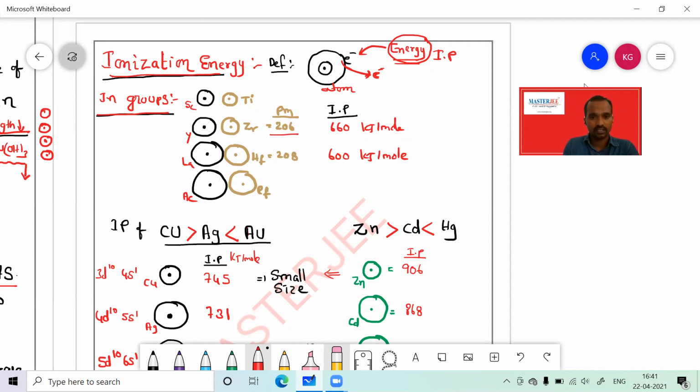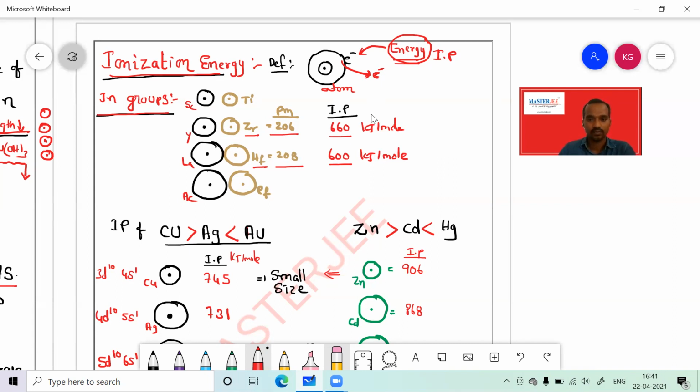As a result, zirconium and hafnium exhibit similar atomic radii, or atomic sizes. When the atomic radii are similar, the ionization potentials are also nearly equal to each other. See, 660 and here 600, nearly the same. They exhibit nearly the same atomic radius and nearly the same ionization potential values. That is the trend that will take place.